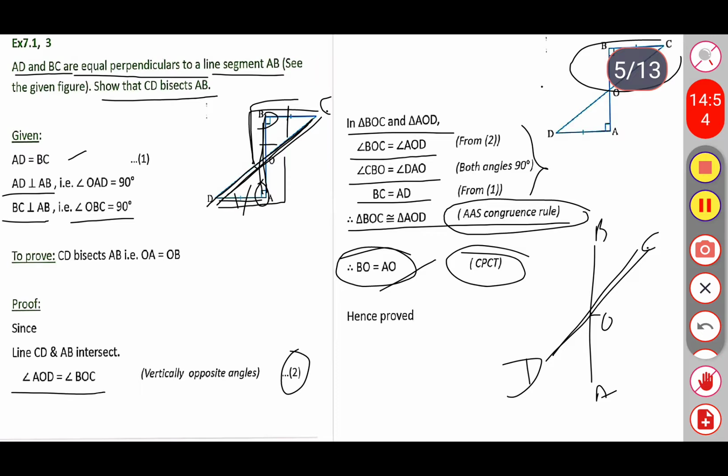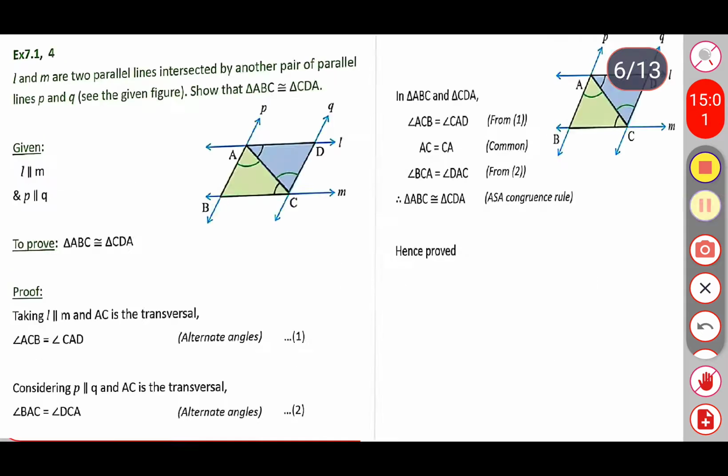Now let's see the fourth question. See the fourth question, what it says. L and M are two parallel lines intersected by another pair of parallel lines P and Q. Show that triangle ABC is congruent to triangle CDA.